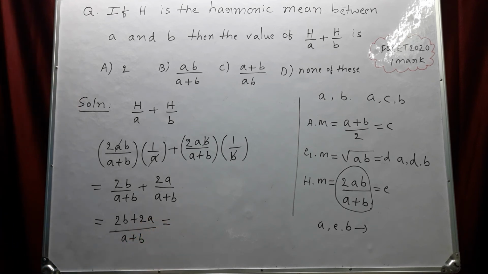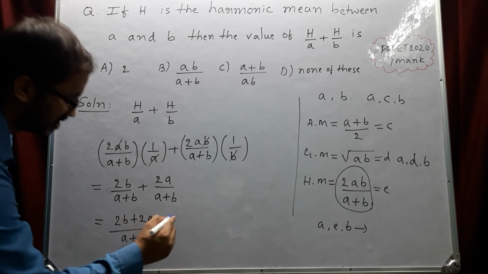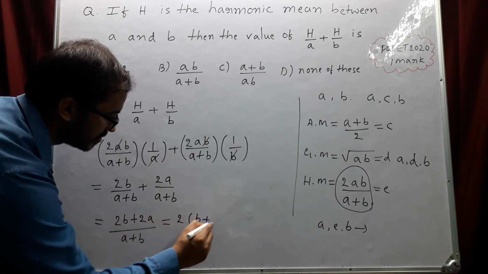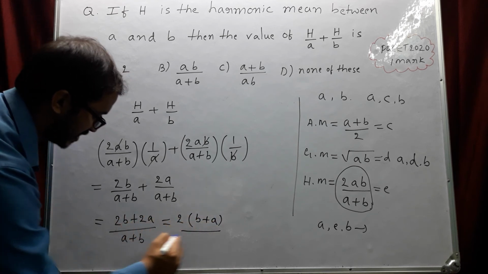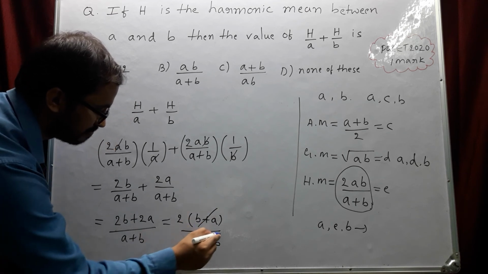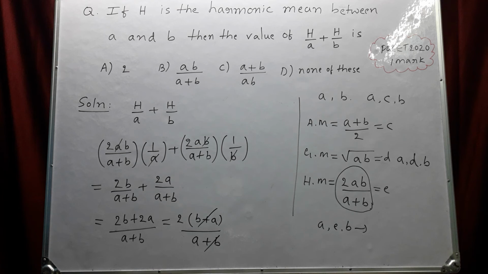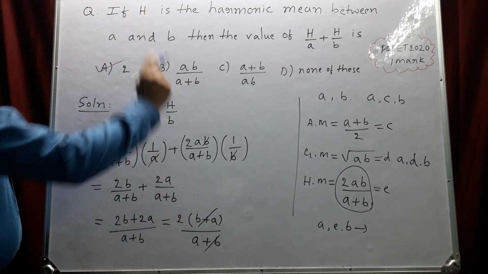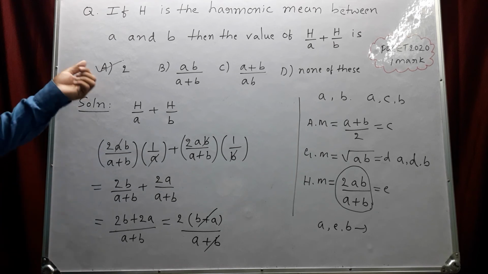I can take 2 as common from the numerator, that is 2 times (b plus a) divided by (a plus b). So (a plus b) will get cancelled. So the required answer is 2. So the correct option is option A.